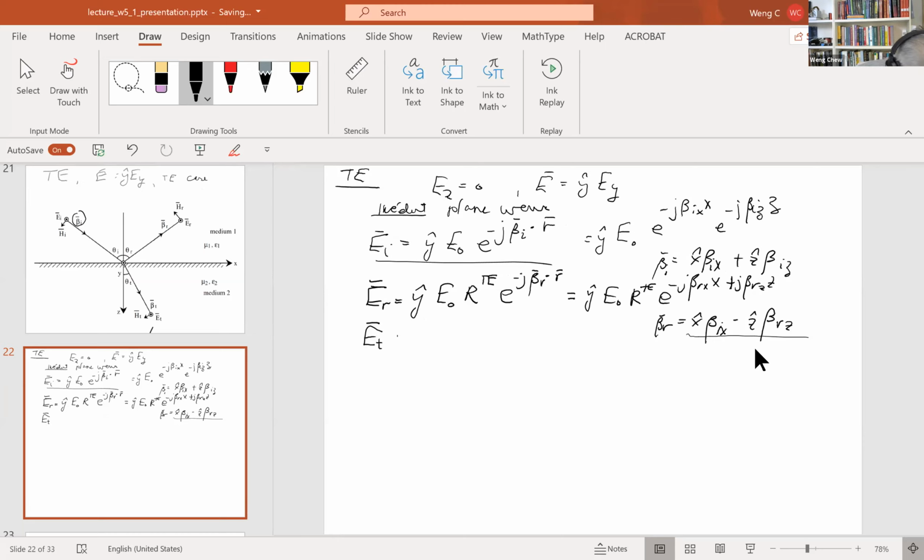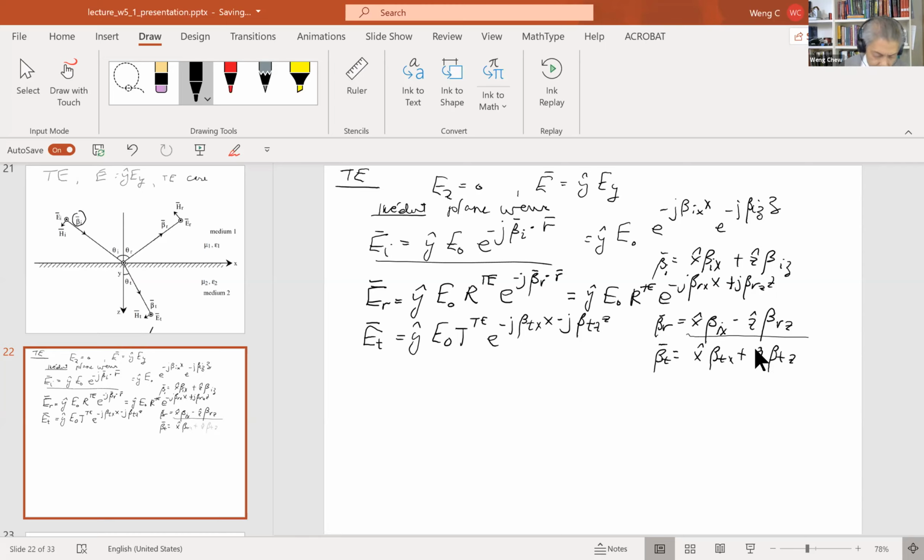Then the transmitted wave would be a plane wave in the transmitted region. I assume again that it is polarized in the Y direction for simplicity. Written out explicitly, it will be e to the minus j beta Tx x minus j beta Tz z, again assuming that beta T is x beta Tx plus z beta Tz.